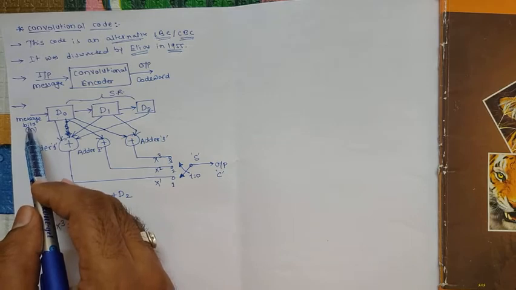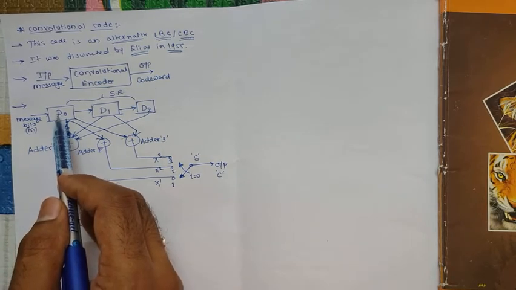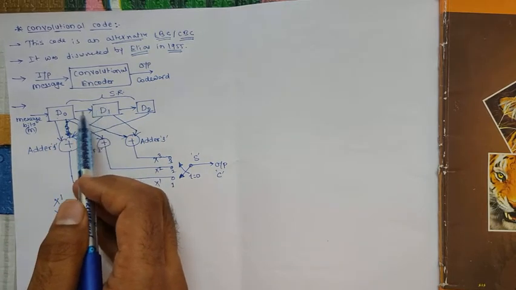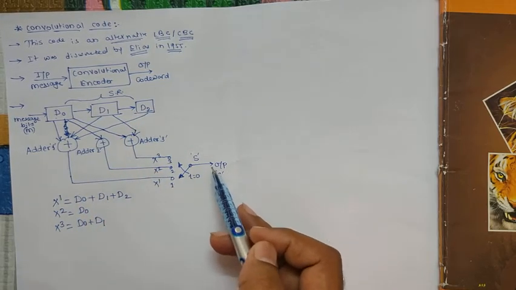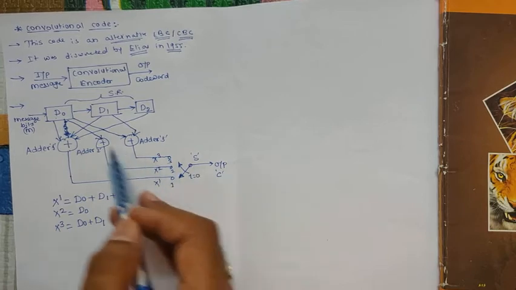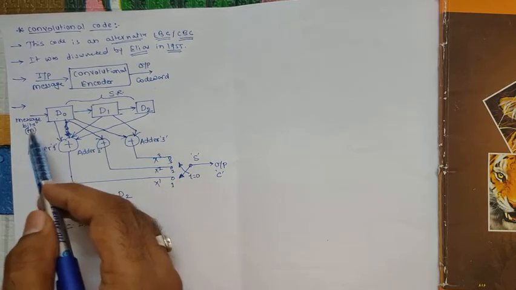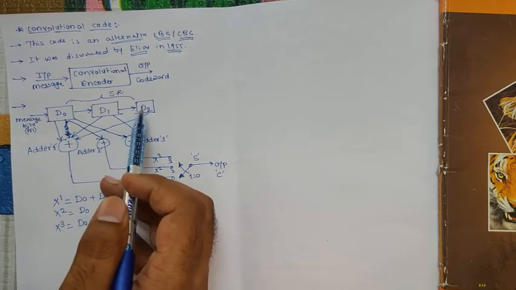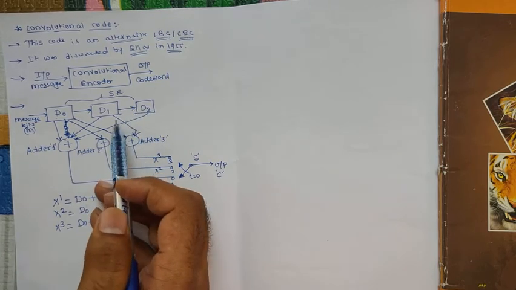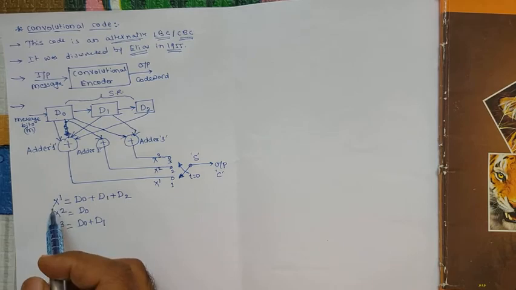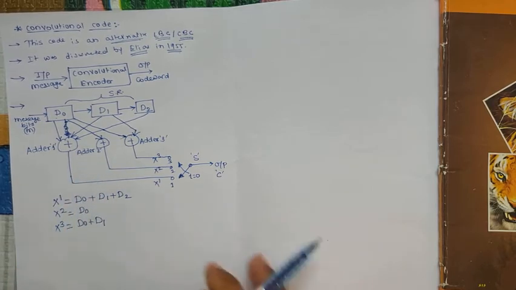When the third bit goes into D0, the content of D0 will be shifted into D1, the content of D1 will be shifted into D2, and accordingly we get the output. This process continues until the last message bit reaches the last shift register. With the help of an example, let us try to understand the operation of this convolutional encoder.